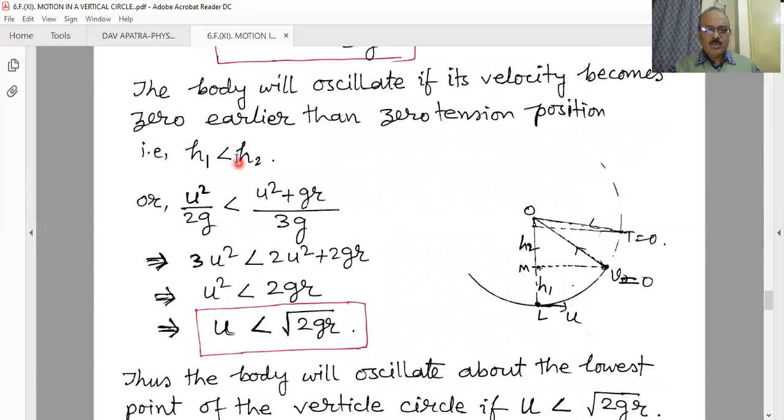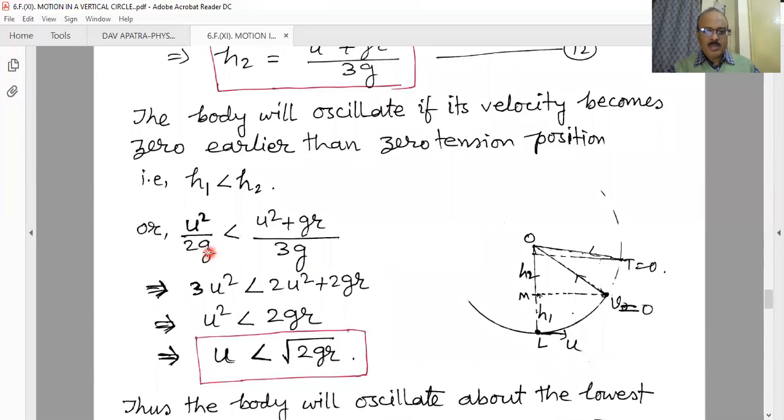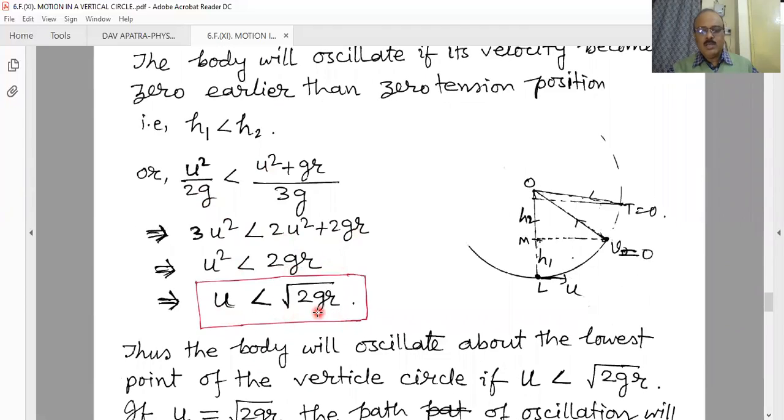That means, already we know h1 is u square by 2g, which is less than u square plus gr divided by 3g from this equation. From this, if we cross multiply and g cancels out on both sides, multiplying by 3 we get 3u square less than 2u square plus 2gr, and from that we get u square less than 2gr, or u less than root over 2gr.